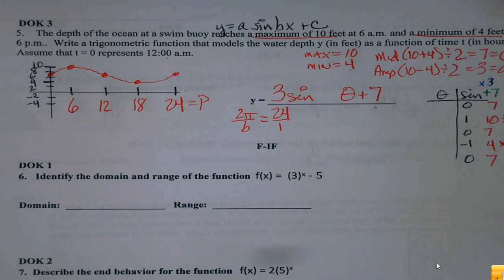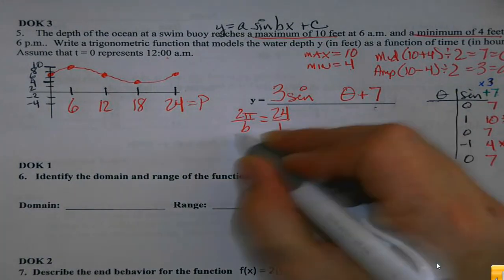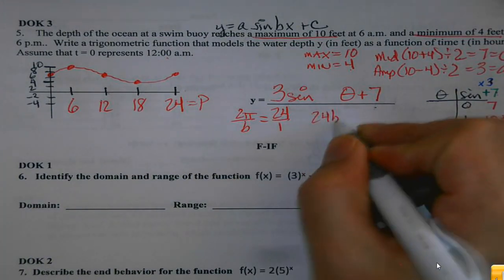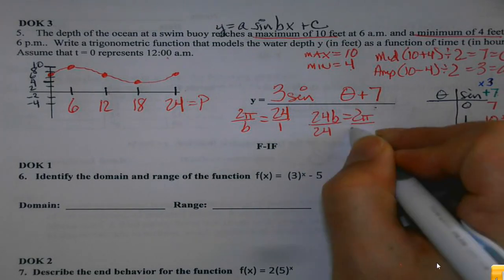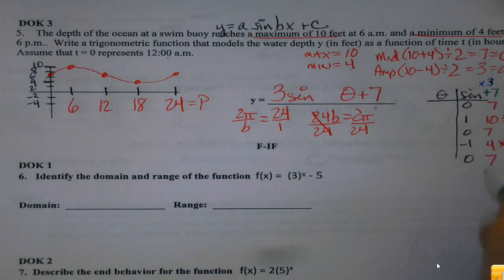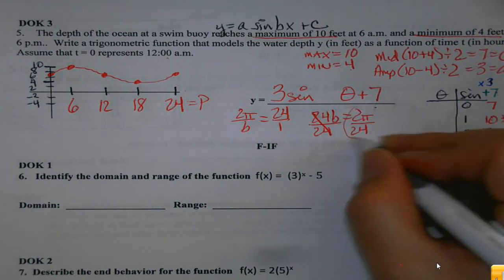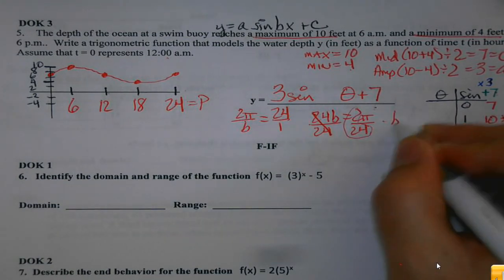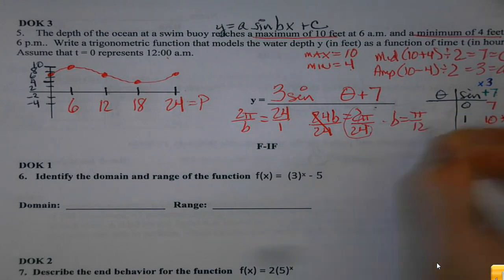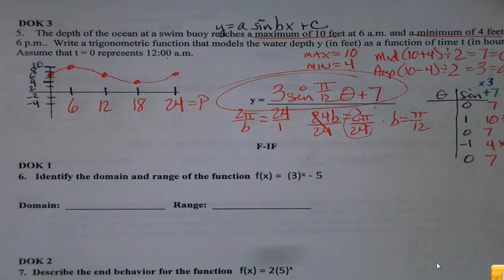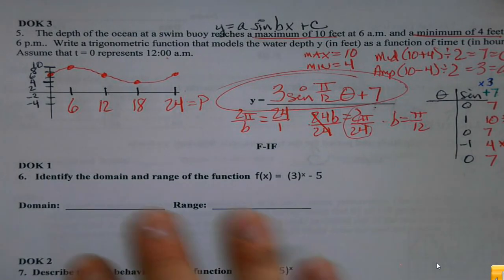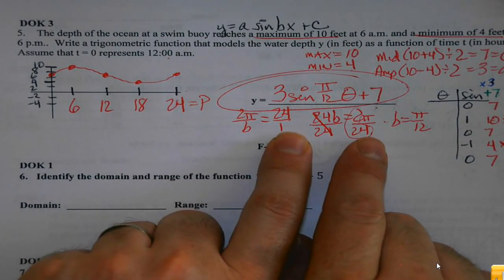I can make it a proportion if I want to. And I can cross multiply and reduce the coefficient part of my fraction. Now, even if you're like, okay, I was with you until you started doing this craziness.